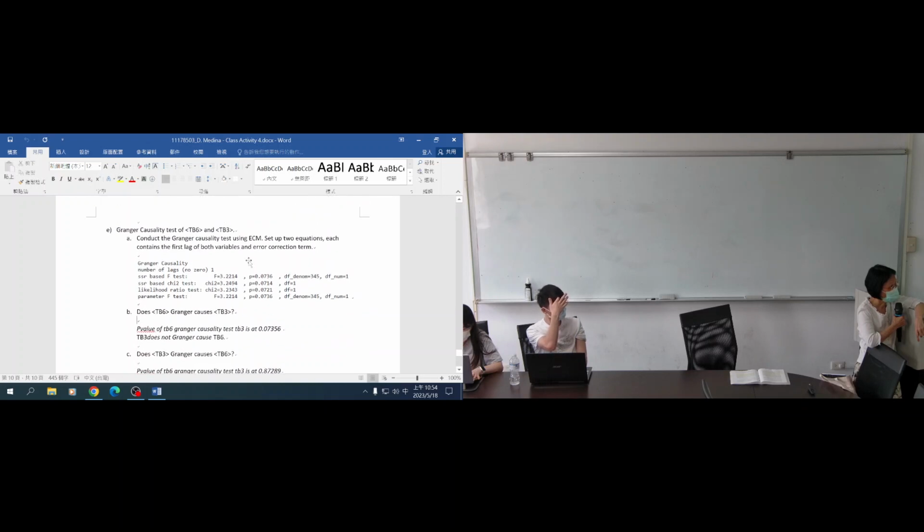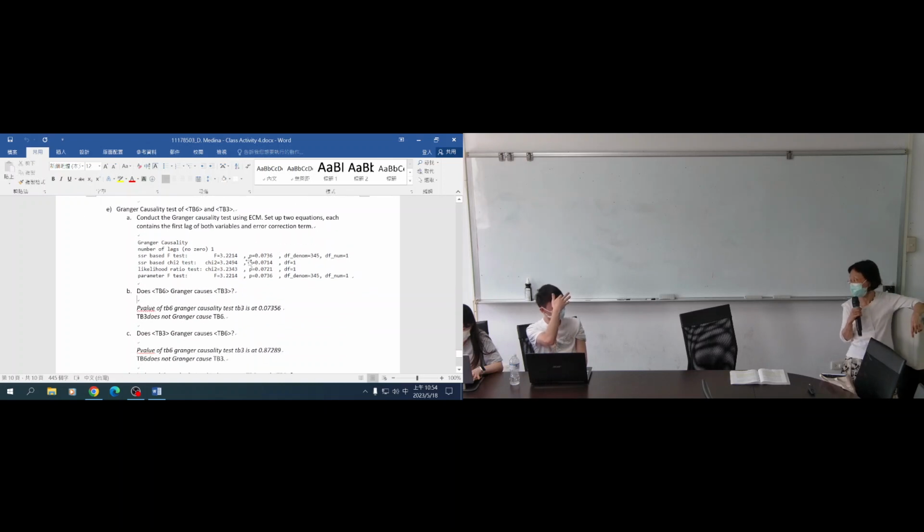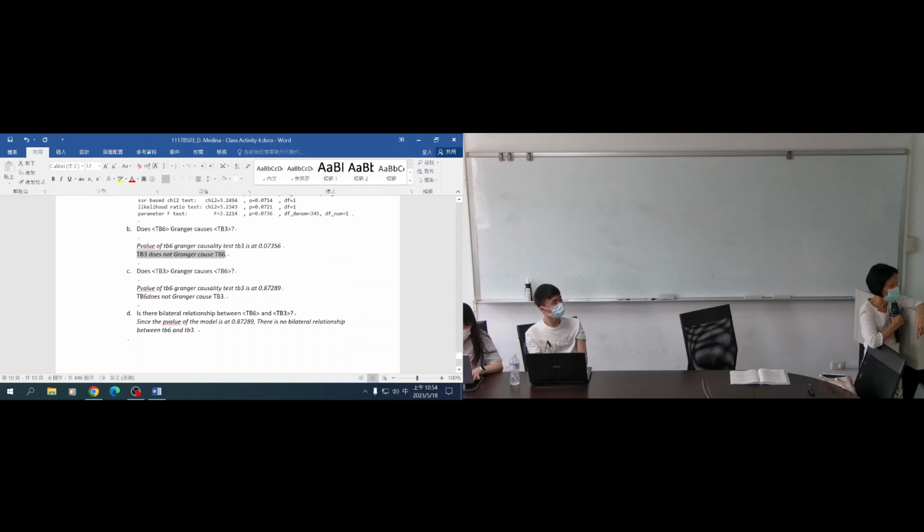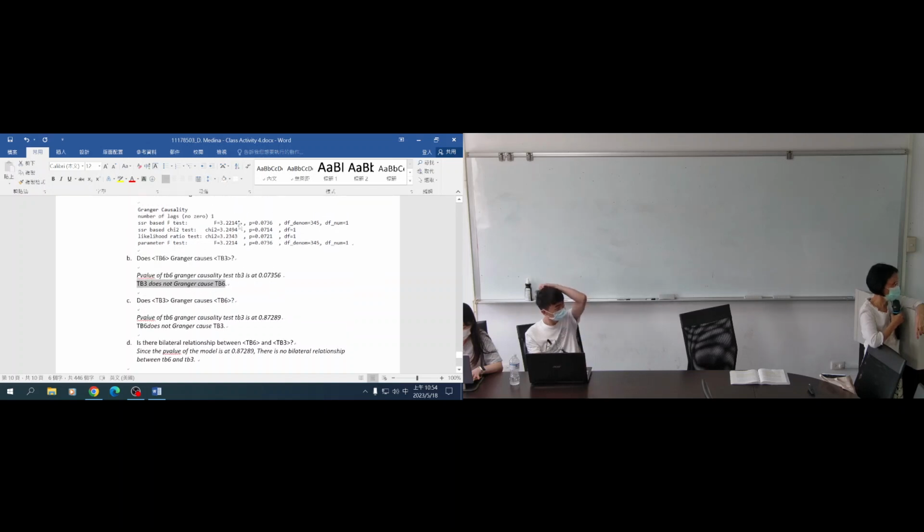Does anybody try Granger causality with more than one lag? Okay. So, given that result, Professor, TB3 does not Granger cause TB6, using lag one.